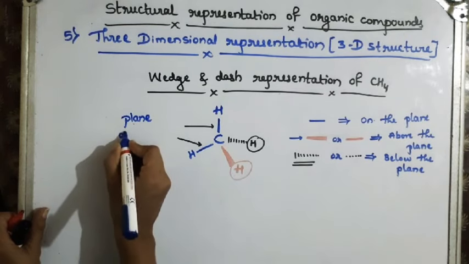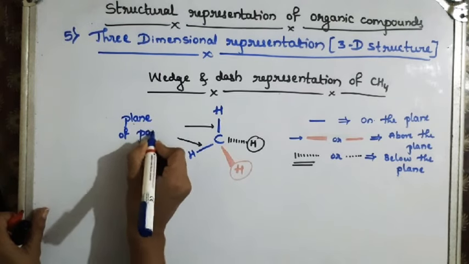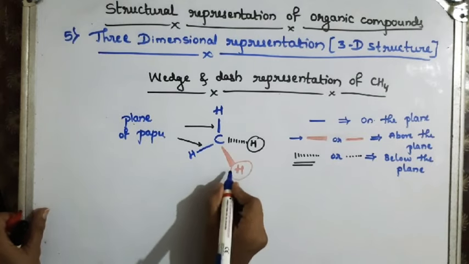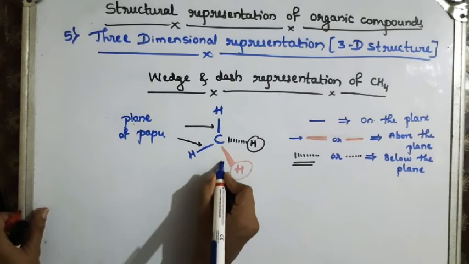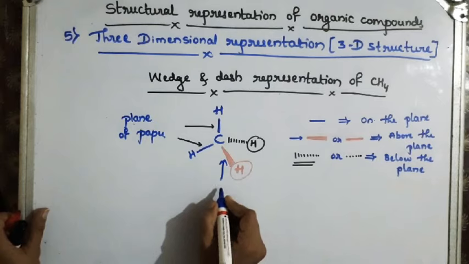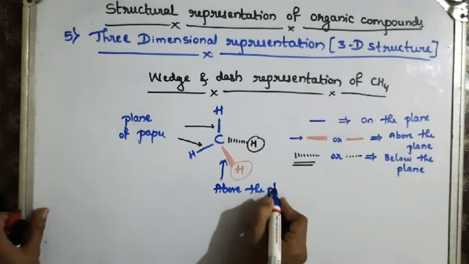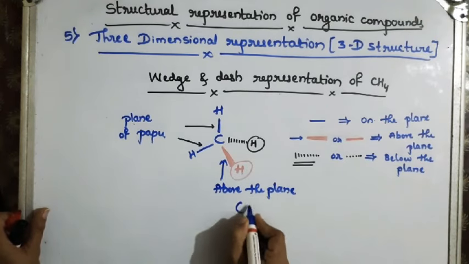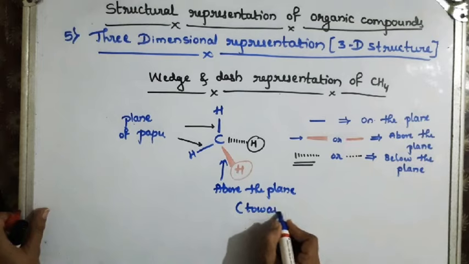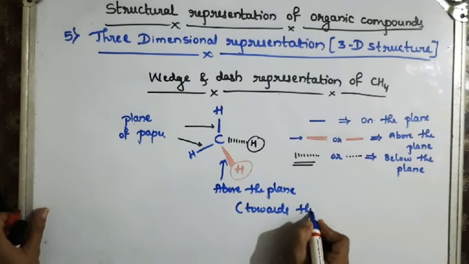Okay, they are in the plane of paper, whereas this solid wedge shows this hydrogen is above the plane, towards the observer.